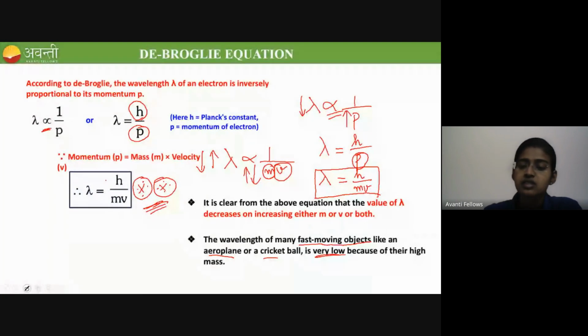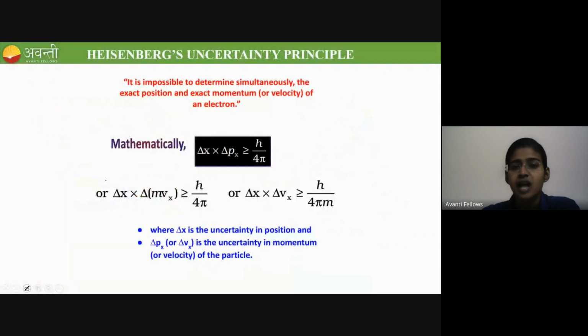Then the next concept is Heisenberg's uncertainty principle. This is one very important principle. So what does this principle say? It is impossible to determine simultaneously the position and the exact momentum of an electron. Momentum is equal to mass and velocity, right?